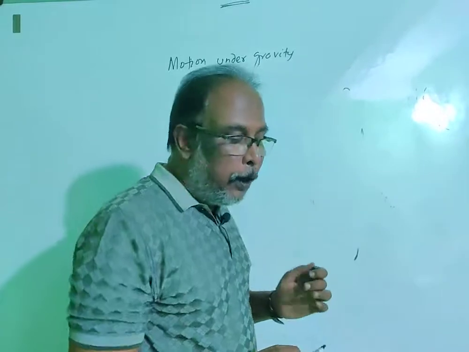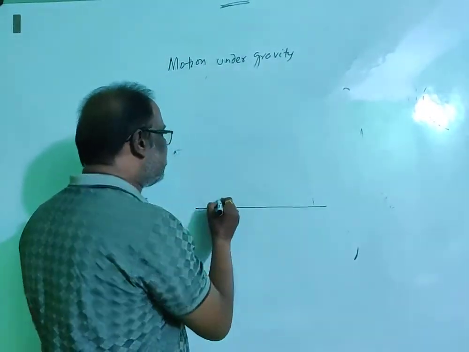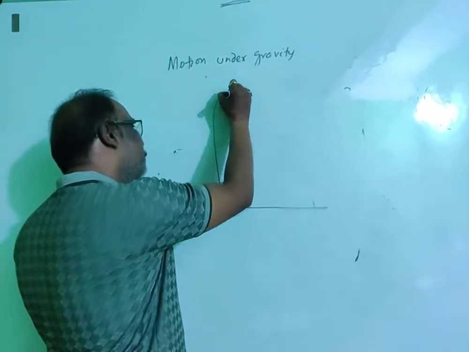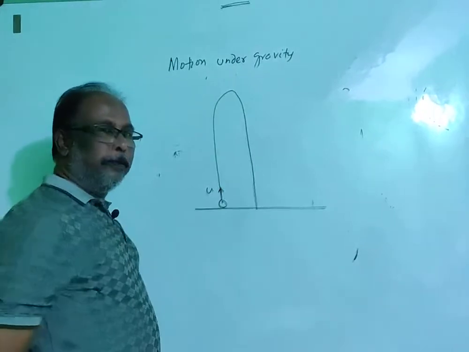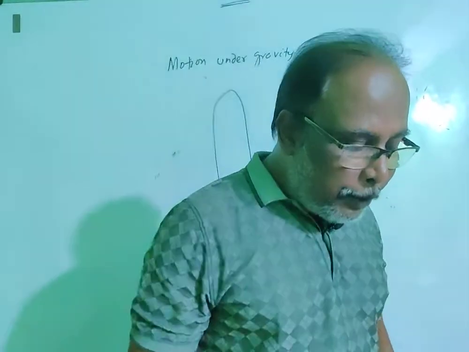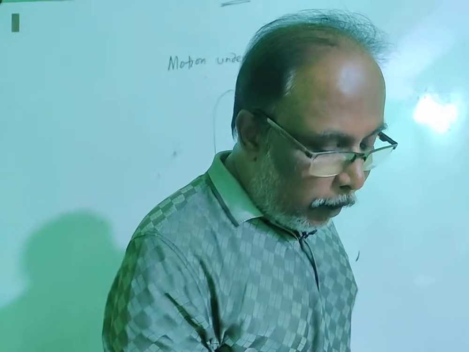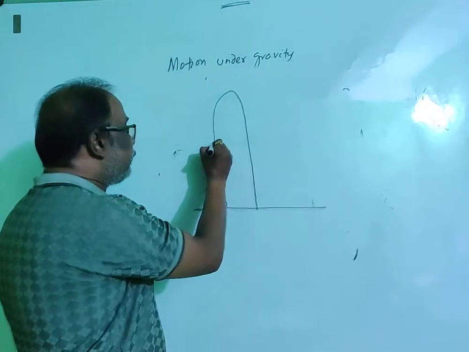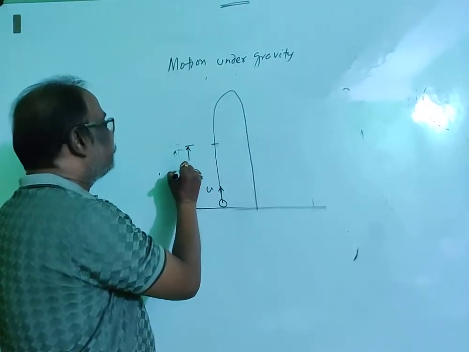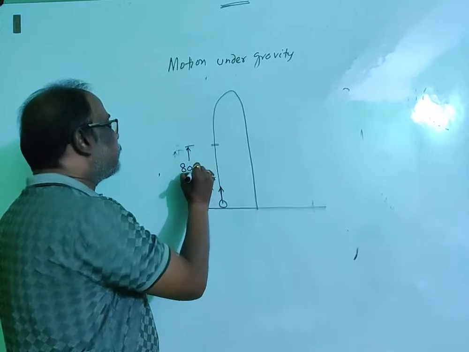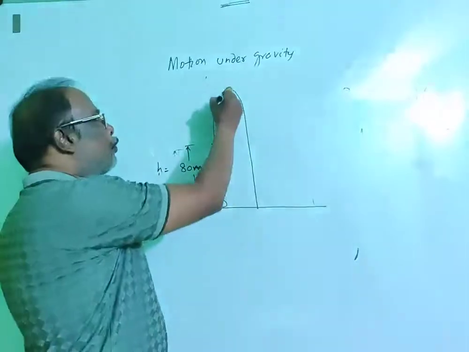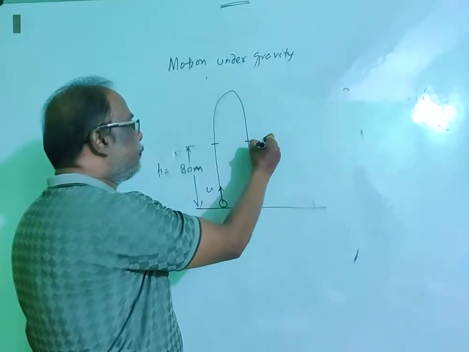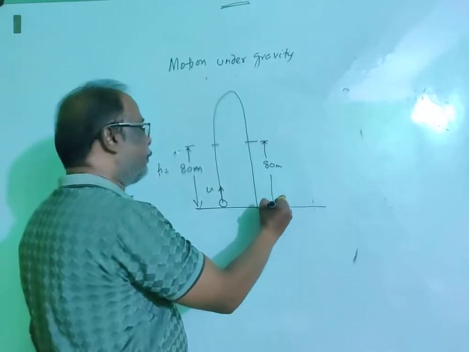A ball is thrown upwards from the ground. This is the ground. A ball is thrown upwards, let velocity be u. The ball goes up and again comes down. The ball is at a height of 80 meters 2 times. Let this height be 80 meters. This is h. So the body goes up and again comes down, and this height again from the ground is also 80 meters.